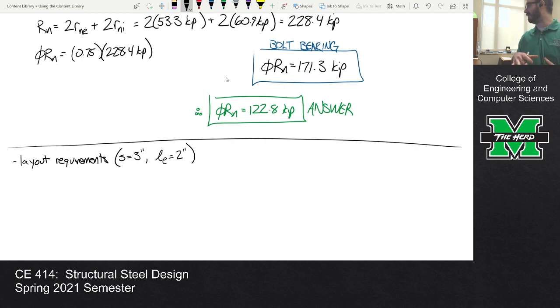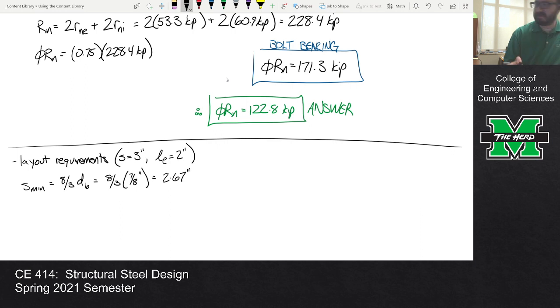That's the smallest edge distance on any of the measurements on the connection. Well, S minimum is 8/3 times the bolt diameter, so 8/3 times 7/8 of an inch. And so that's 7/3, because the 8's cancel, and so that's like 2.67 inches.